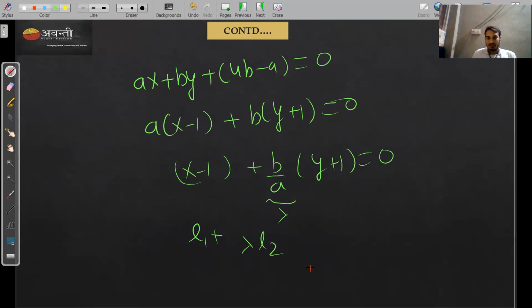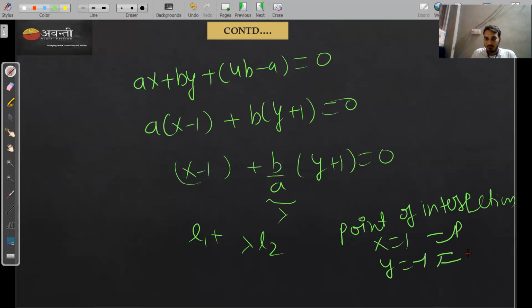What is the point of intersection? The point of intersection is X equal to 1 and Y equal to minus 1, which is P and Q, right? So modulus of P plus 2Q would be what? Tell me, modulus of P plus 2Q.